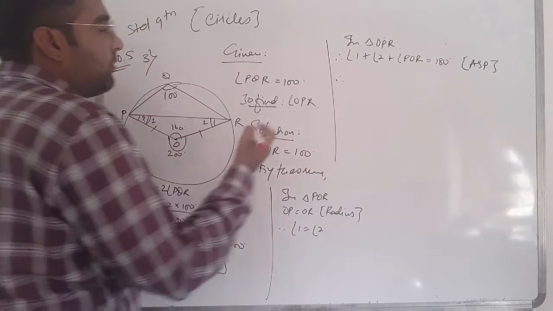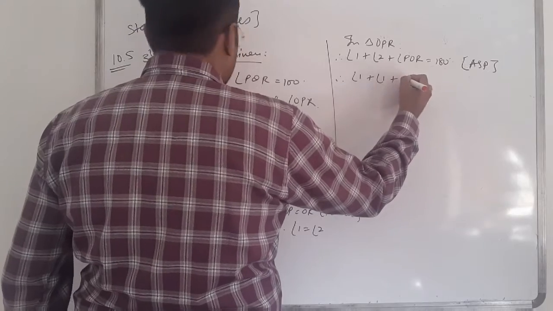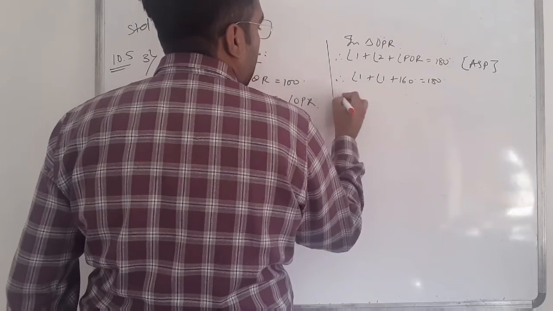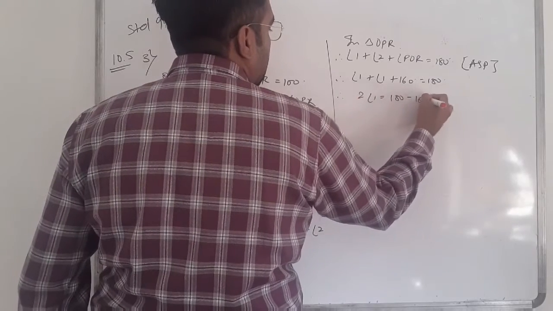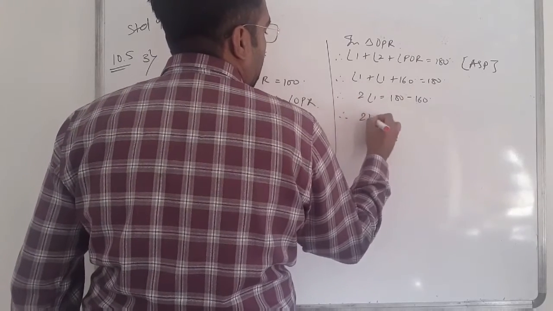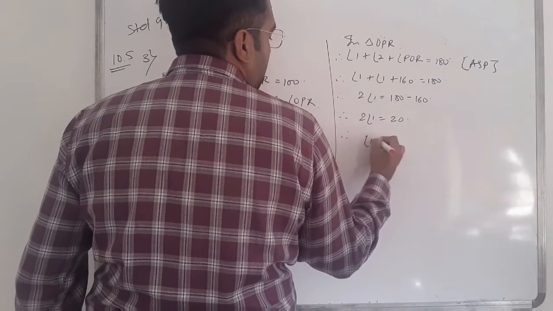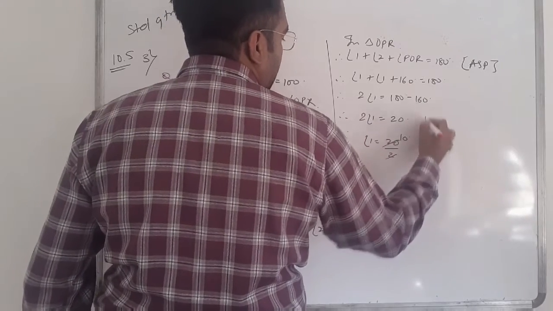In triangle OPR, angle 1 and angle 2 are both equal, so angle 1 plus angle 1 plus 160 degree equals 180 degree. Therefore 2 times angle 1 equals 180 minus 160, so 2 times angle 1 is equal to 20 degree. Therefore angle 1 is equal to 20 by 2, that is 10 degree.